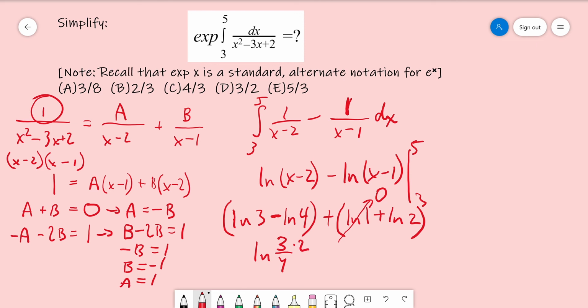See, wherever there's a minus, it goes in the denominator, and where there's a plus, it goes in the numerator. So this is actually going to be the natural log of 6 over 4, which is 3/2. Now we're taking the exponential of this whole thing, so that's like e to the natural log of 3/2. That's going to just be 3/2, which is answer D.